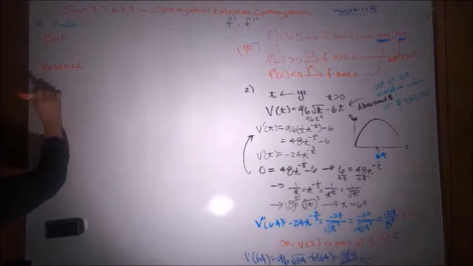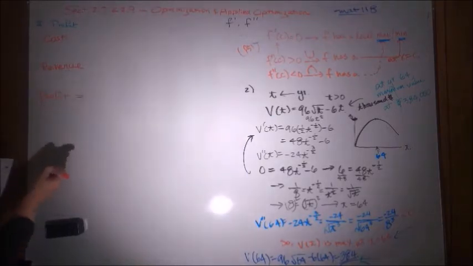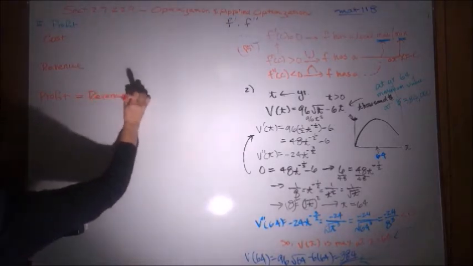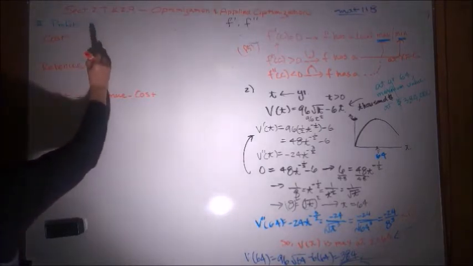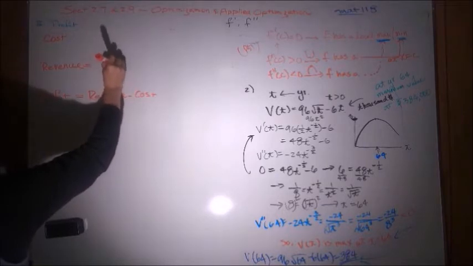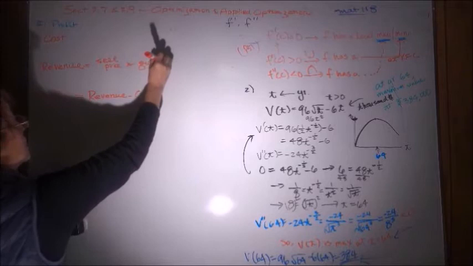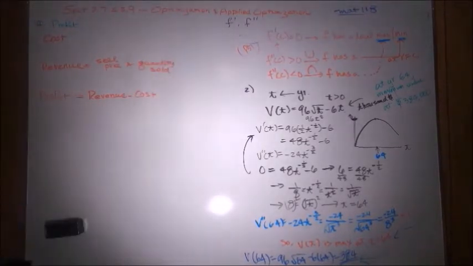Then how do we do the profit? Profit would be your revenue minus your cost. How do you figure out your revenue? You check out your sale price times your quantity sold.